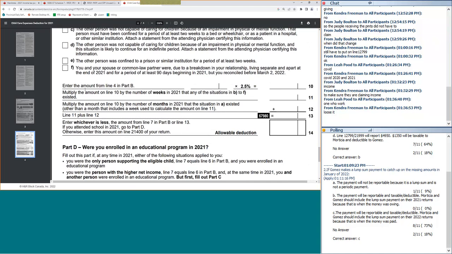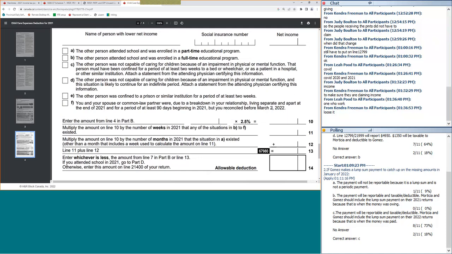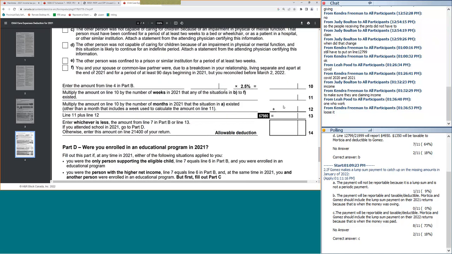So you can enter the amount from line 4 in Part B, and then you're going to take that number and multiply by the number of weeks where they were B to F for the scenarios, the number of months where they were A is part-time, so number of months part-time, the number of weeks for everything else. And then that will determine their allowable deduction based on the same rules.